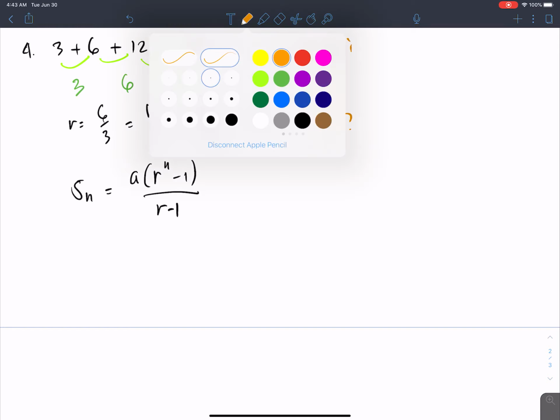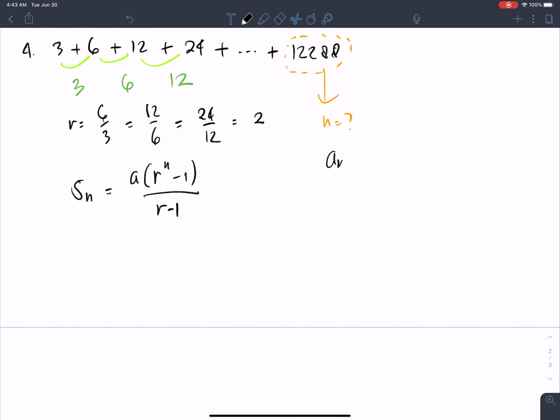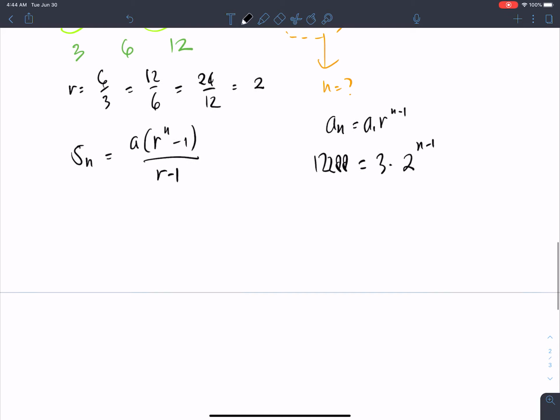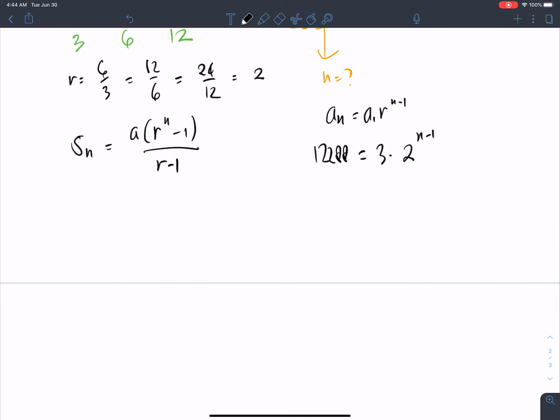To do this, check the formula of nth term, a1 r^(n-1). So 12288 will be a1, which is 3, our r is 2, and n minus 1. For this we'll do cross multiplication first. So that will be 12288 divided by 3 equal to 2^(n-1).